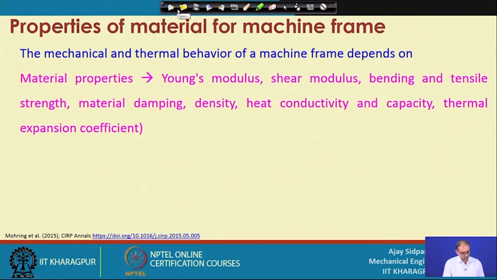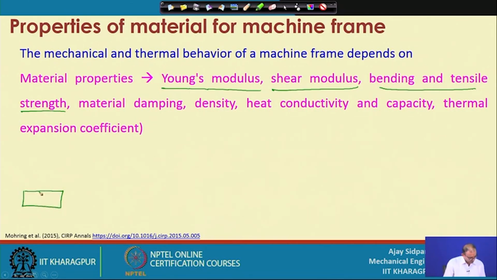So, what are the material properties? Young's modulus is one of the properties, then shear modulus, bending and tensile strength, because we are in different types of machining operation. So, consider that suppose this is our workpiece, now if you want to cut a slot here. So, this is the slot which you want to cut, correct.